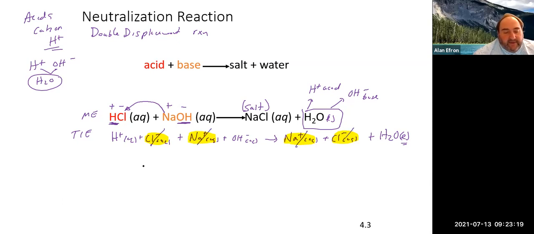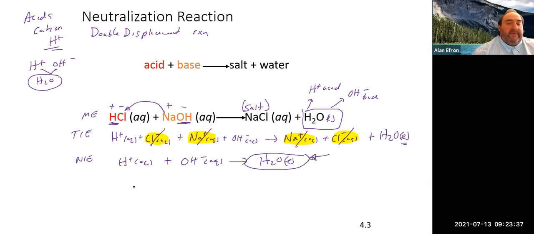That would leave us our net ionic equation of H plus and OH minus making H2O. Again, the formation of water is a driving force for this chemical reaction, and it is always what you get in terms of net ionic equation when you take a strong acid and a strong base together. Any questions on that?